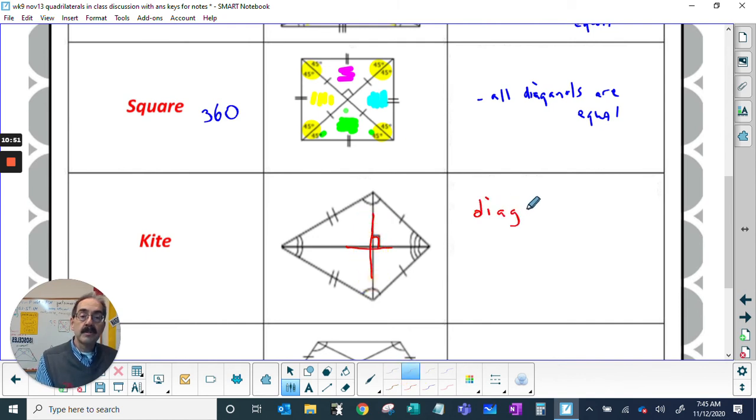Diagonals are 90 degrees. They are perpendicular. Okay? Can we say anything about the opposite angles? Are they equal? Are they not equal? Okay?